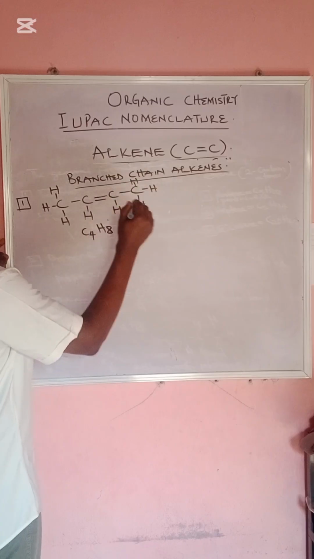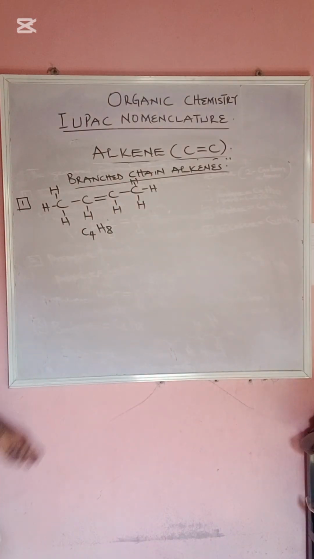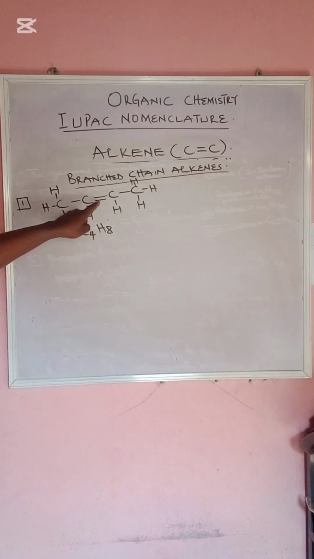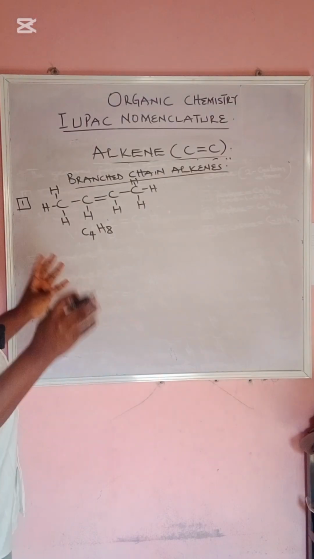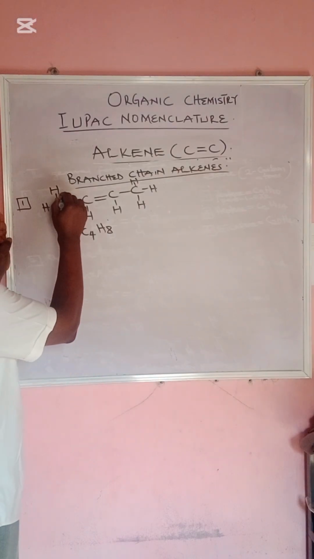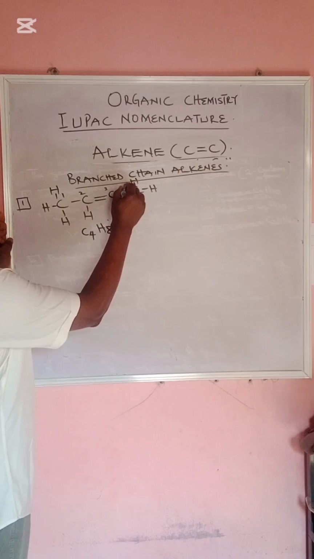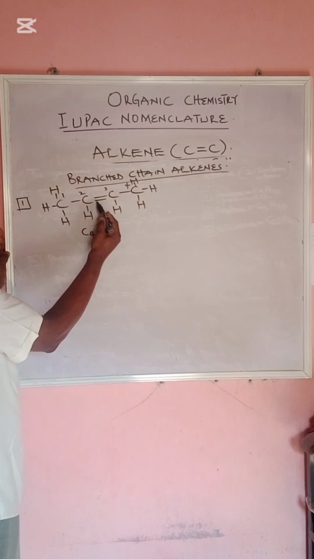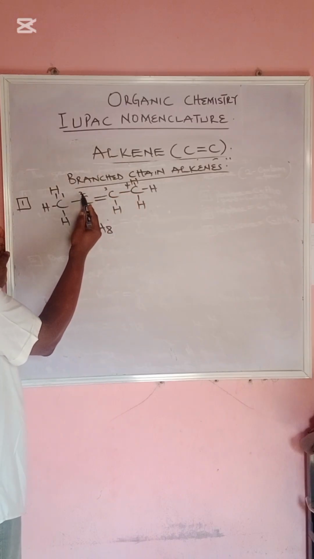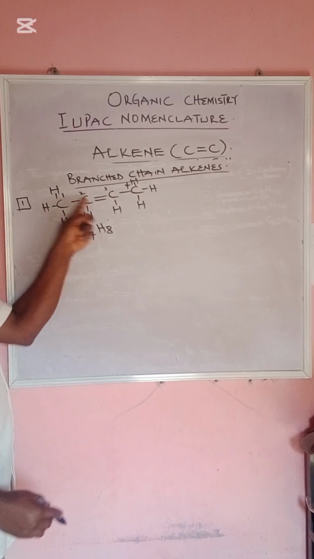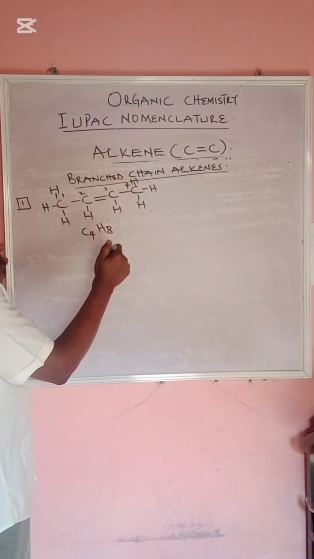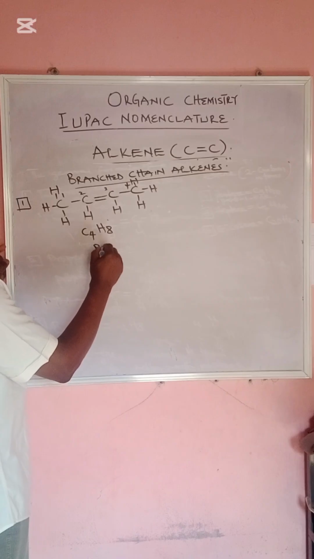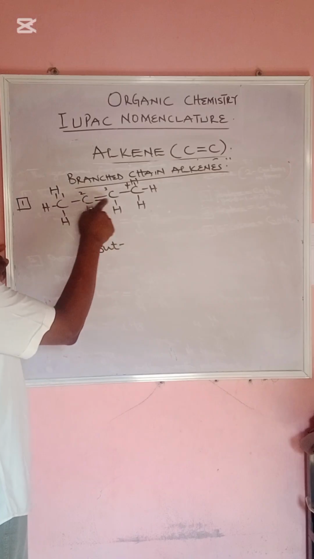That's the molecular formula of butane, C4H8. But the position of the double bond is changed now. So you will have to count from left to right, or right to left. If you are counting here, 1, 2, 3, 4, from left to right, the double bond is between carbon 2 and carbon 3. Then you take carbon 2. And the parent name is butane. So it will now be but-2-ene. The double bond is between 2 and 3, then you take 2.